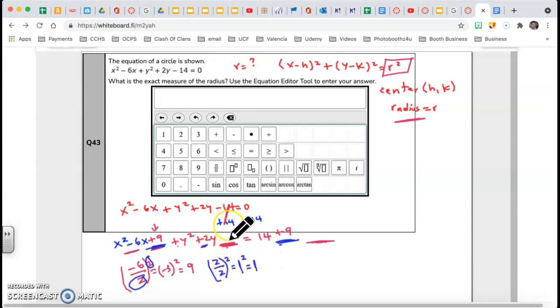So that number goes in here, plus 1. And I'm always adding. If I add 1 here, I add 1 on the other side, so my equation does not change.